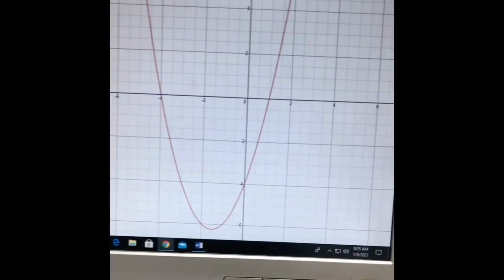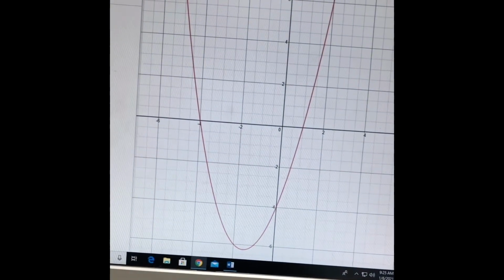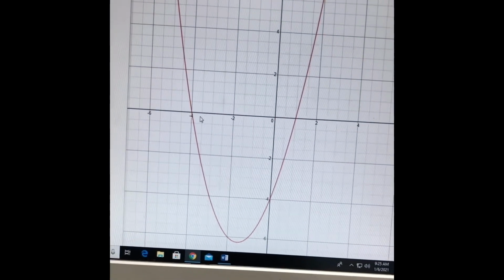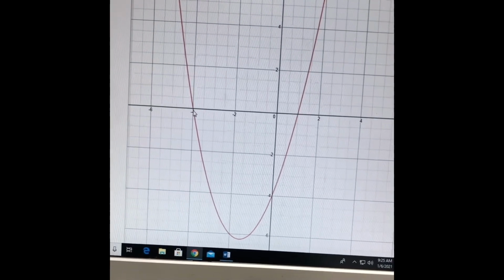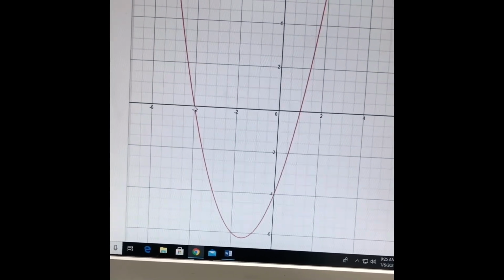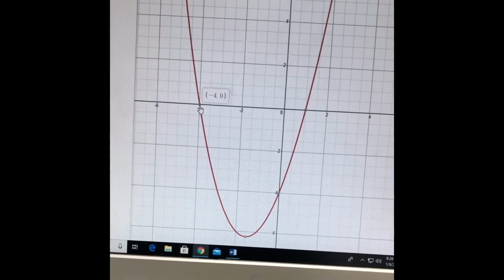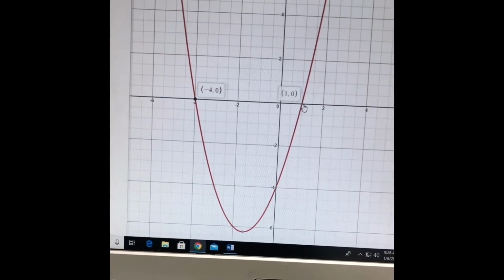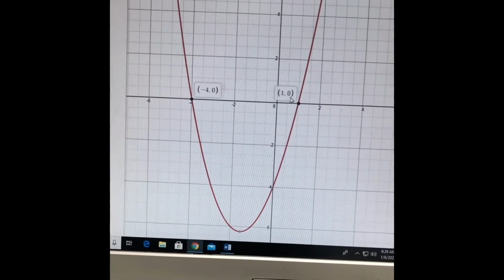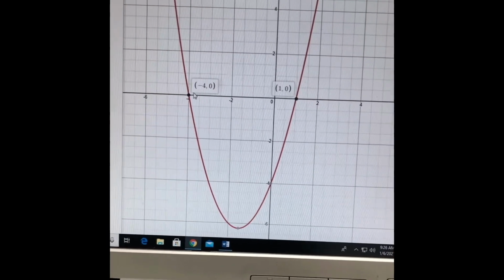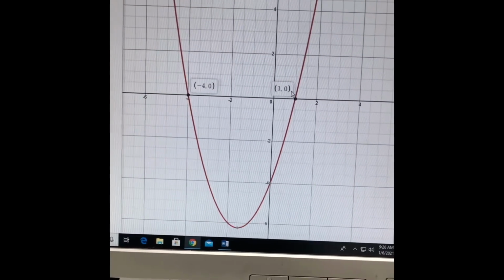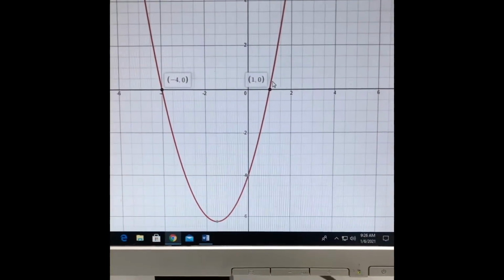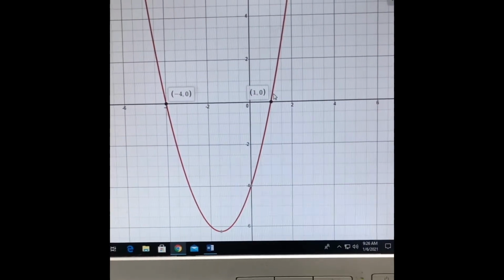So here we are. The main thing we're looking for on our graph is to see our solutions, right? Solutions is just another word here for your x-intercepts. So we have an x-intercept here at negative 4, 0. And we also have an x-intercept at 1, 0, okay? So that means negative 4 and 1 are our solutions to this quadratic function, okay?